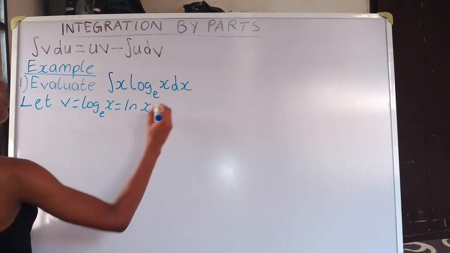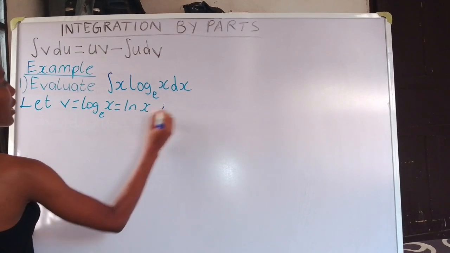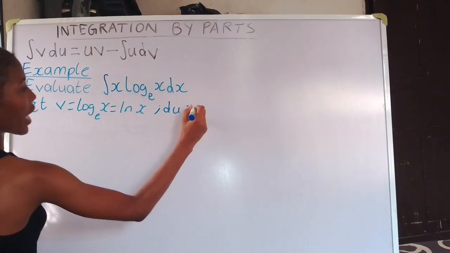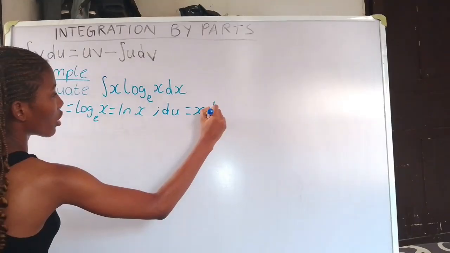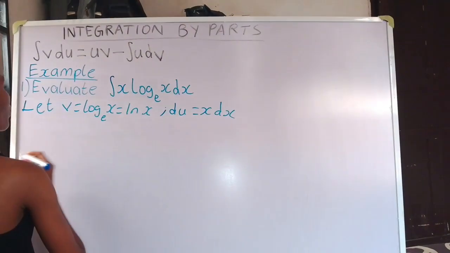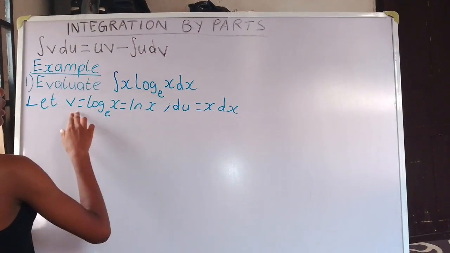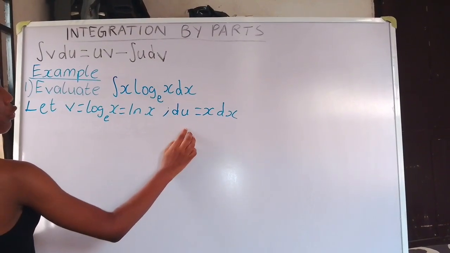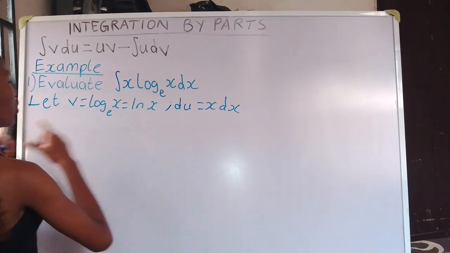So let's continue. Now if our v is this, then our du will be the other one, x, and don't forget your dx. Next is to get our dv by differentiating v, and to get u by integrating du.